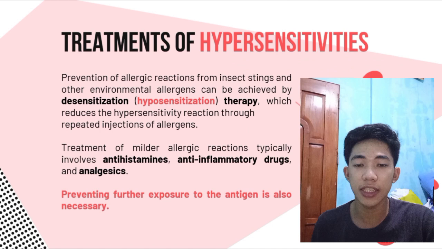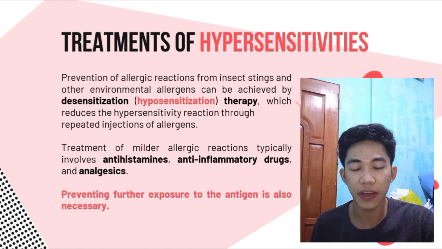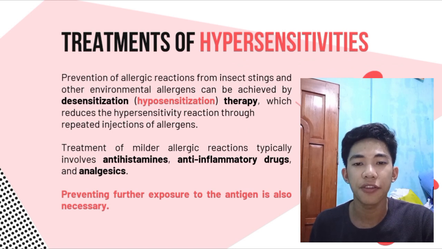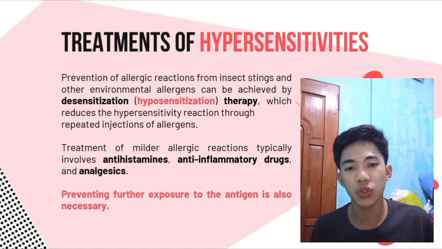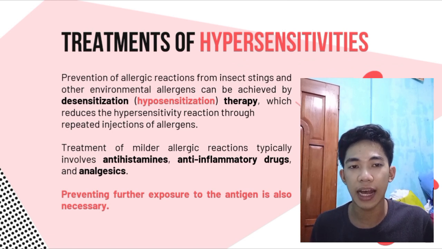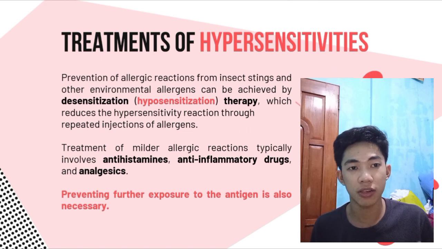It makes the immune system of the individual get used to or tolerate the presence of antigen or allergen in the body. And other treatment of milder allergic reactions typically involves antihistamines or anti-inflammatory drugs and analgesics. So these are mostly used to treat allergies once the allergy reaction already occurred.